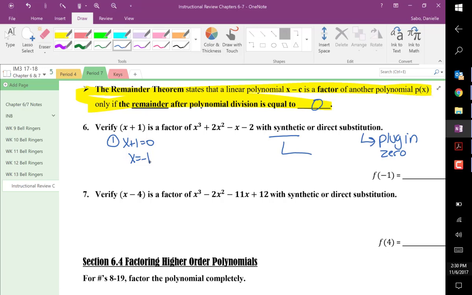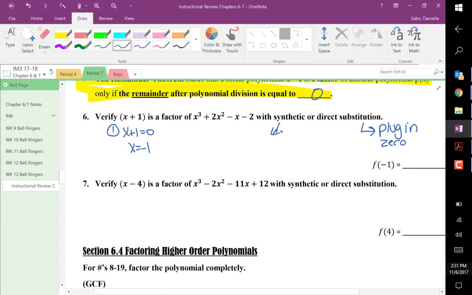Some of you are very good at synthetic, and some of you hate it. You want to just plug it in your calculator because you trust your calculator with everything you have. Be careful with that calculator, though. So I'm going to show you both ways just so you have it for your reference. For synthetic, I would use that -1, and I would use those coefficients again: 1, 2, -1, -2.